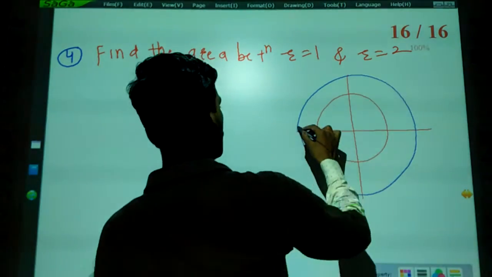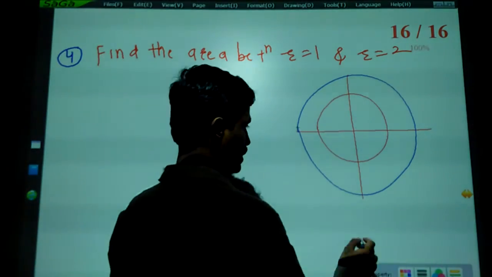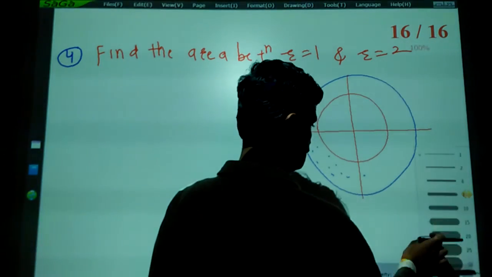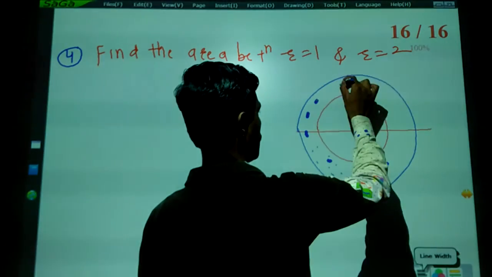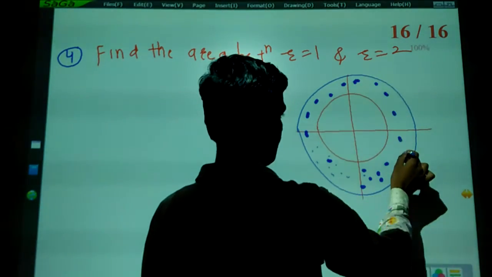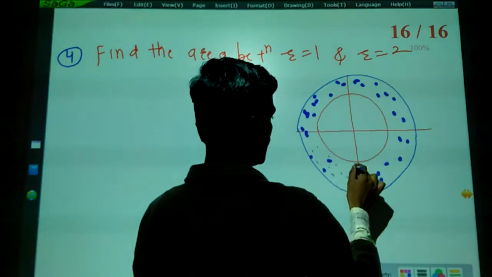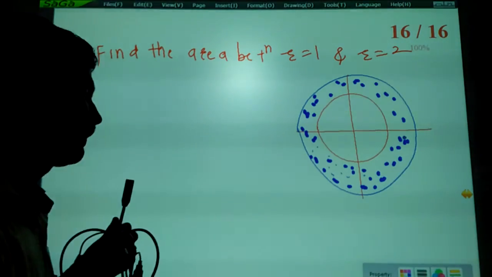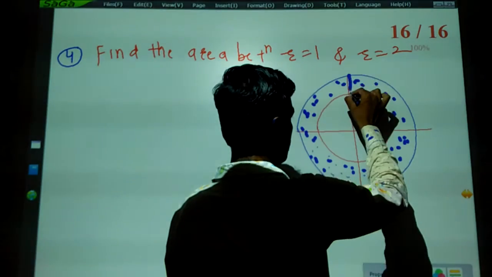So here we need to find the area between them. So which is the common part? You see here, this is the common part. We have to calculate the area between that two circles, but at the time of calculating, firstly we will think about the first quadrant.